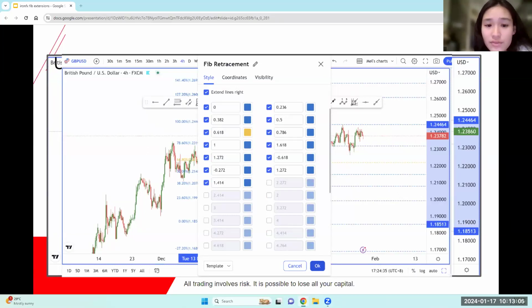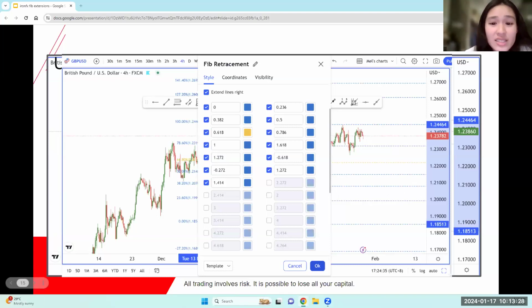So if you weren't here for our previous Fibonacci session, I'll show you guys in a little bit, but depending on which Fibonacci technique you're using, we will look at different levels. So let's say in this case, I'm looking at all of the relevant levels from negatives to more than 100.